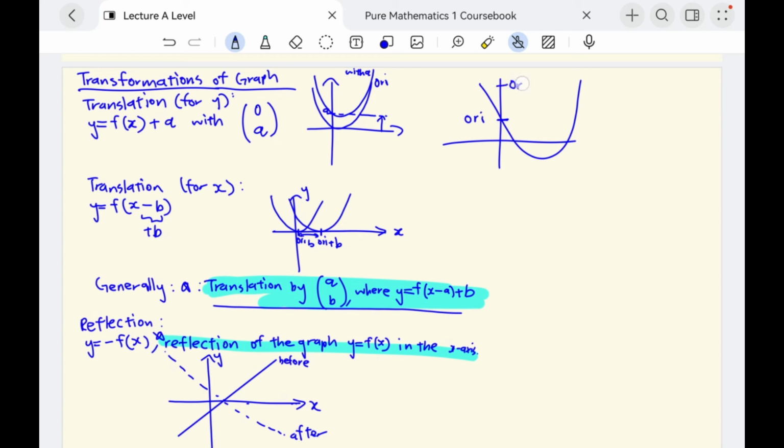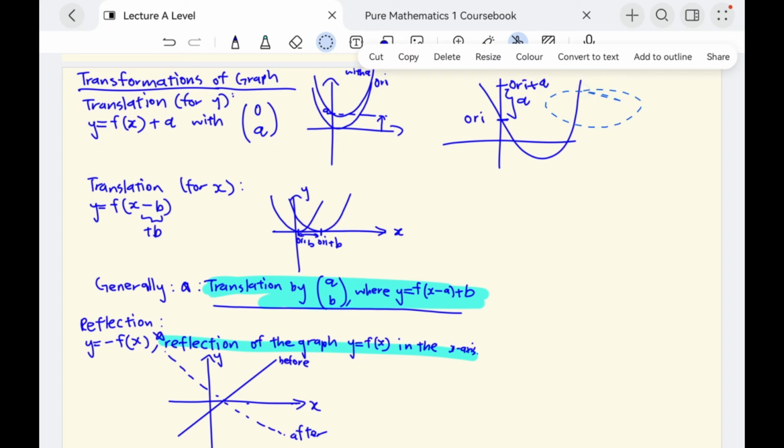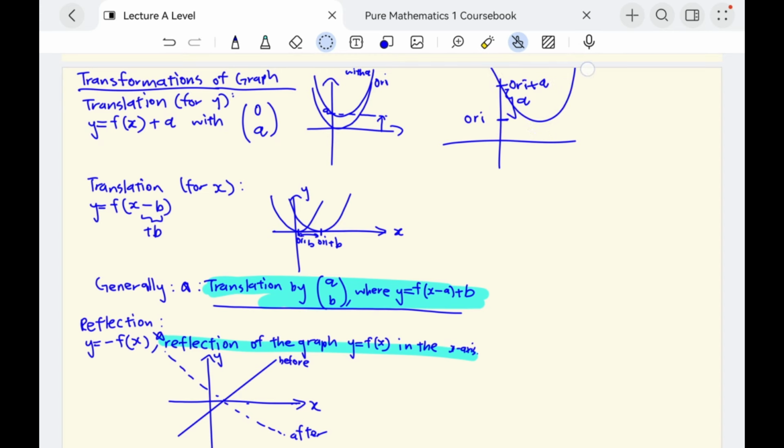So here is your original plus a, shifted up a units. It is not multiplication, it is addition, so your position just changes like this. If your a is negative, you should shift downwards. So here is your original minus a. Let's say here is your original graph, you shift the graph downward like this.